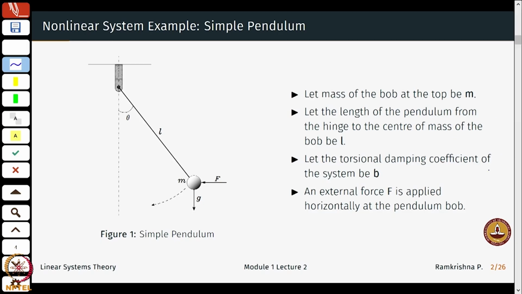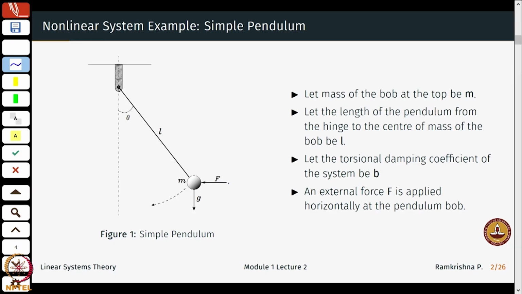So we start with a setting over here where I have a simple pendulum, a point mass of mass m, at a distance of L from a pivot point here, and you have gravitational forces, you have a damping coefficient over here, and so on. Okay, so assume that this is an external perturbation to the system.